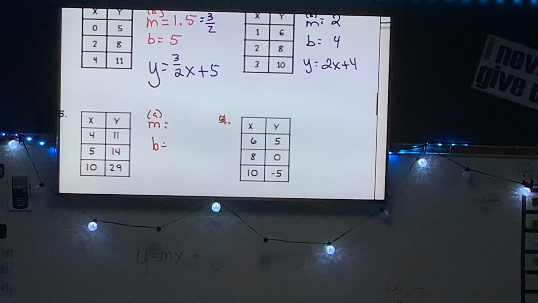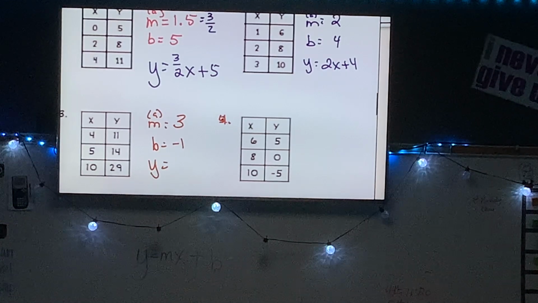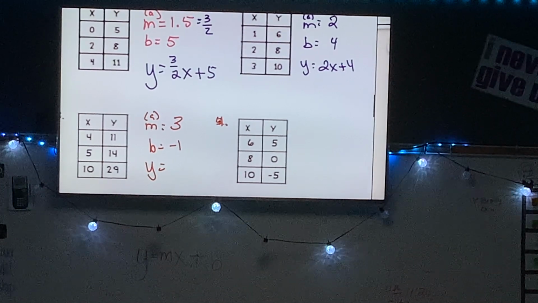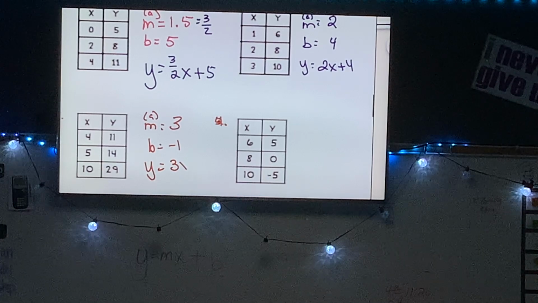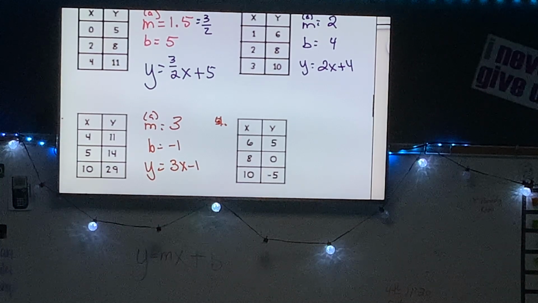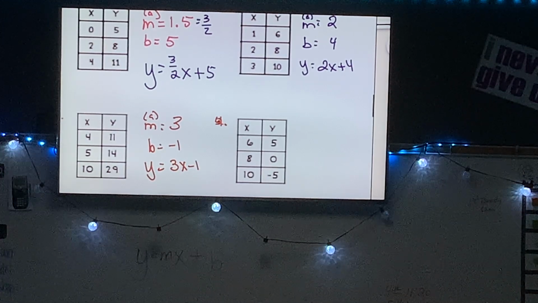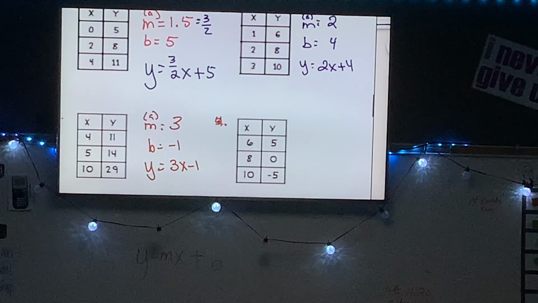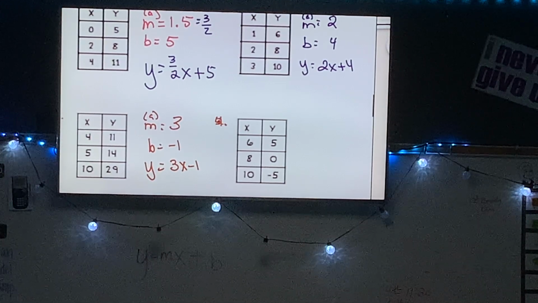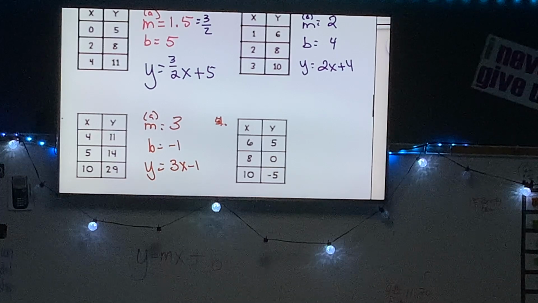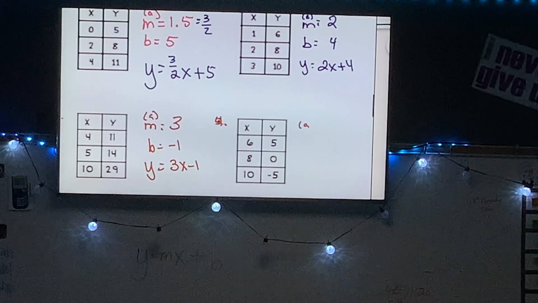What is your slope? What is your y-intercept? So I would write that as y equals? Good. Y equals 3x minus 1. And number 4. Put that one in.